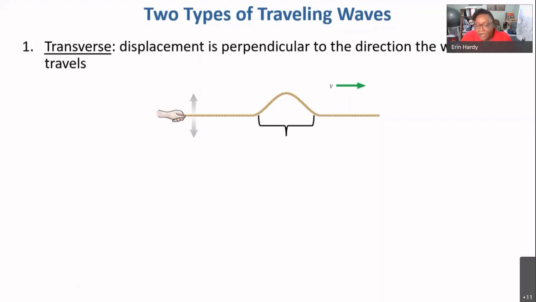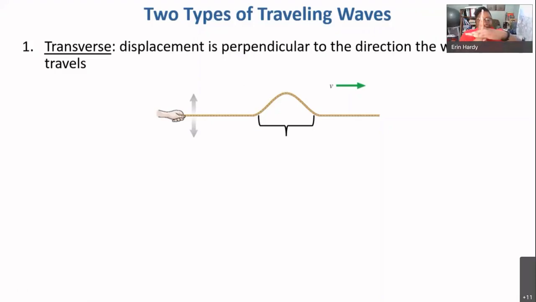And not to harp on it too long, but if you were to imagine taking a string just like this one, and instead of moving your hand up and down, you moved it back and forth, that displacement your hand is causing the string to undergo would still be perpendicular to the direction of the motion.